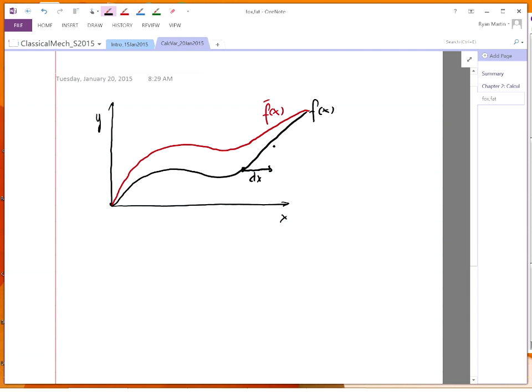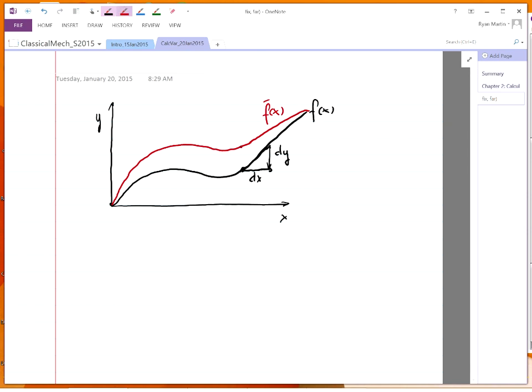So if I change the variable x by an amount dx, the function f of x changes by an amount dy. So that's the normal calculus that you're familiar with. The change in the function f, df or dy, corresponds to a change in x. So it's like moving up the black line.